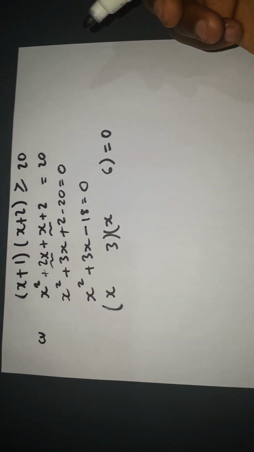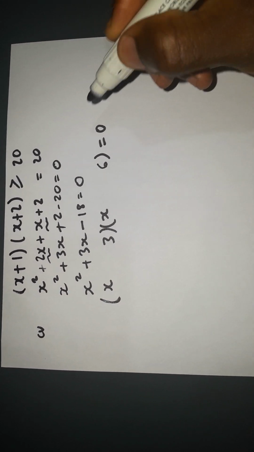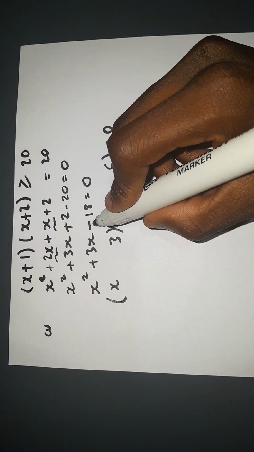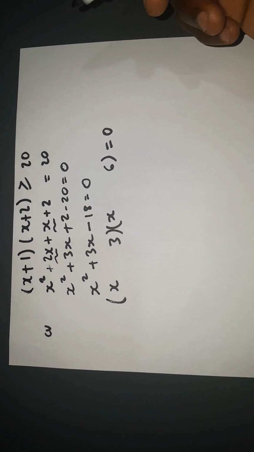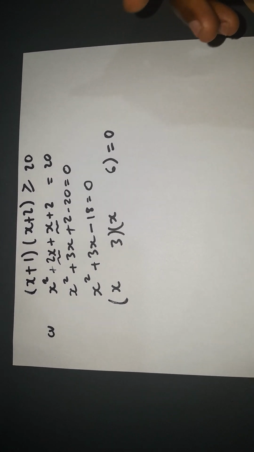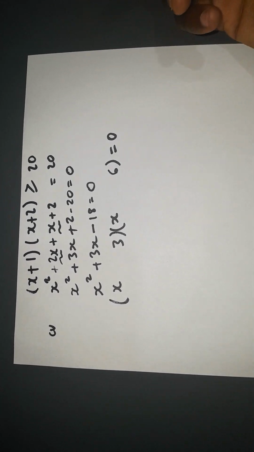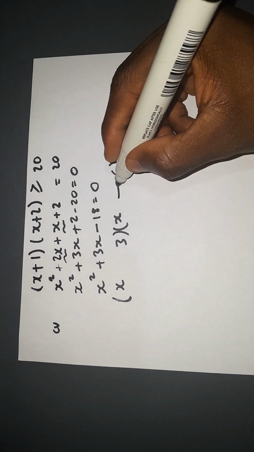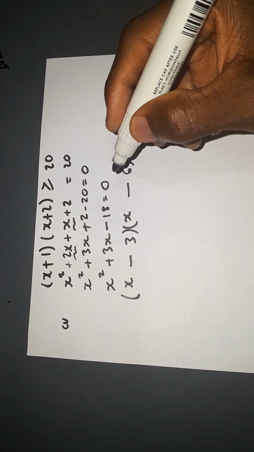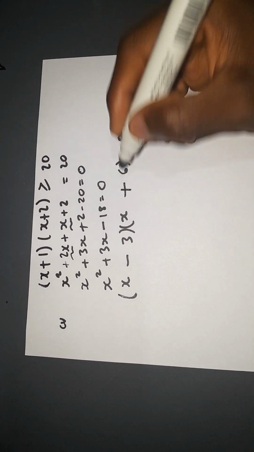So now about the signs, what do we do? The signs are different, or not the same. So we know that it will be a negative and a positive here, and the sign of the bigger number is this one.